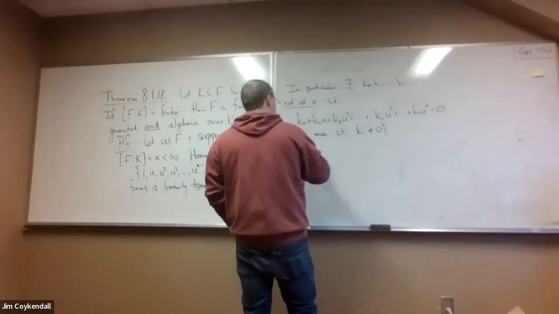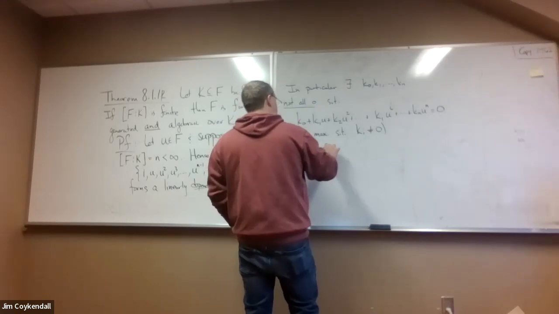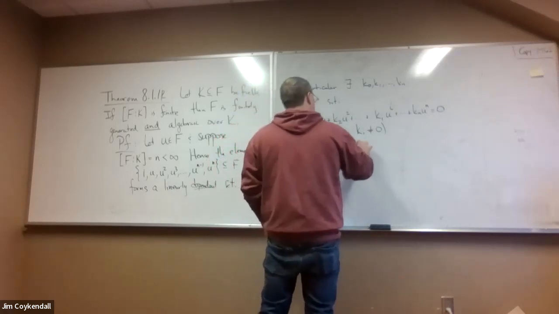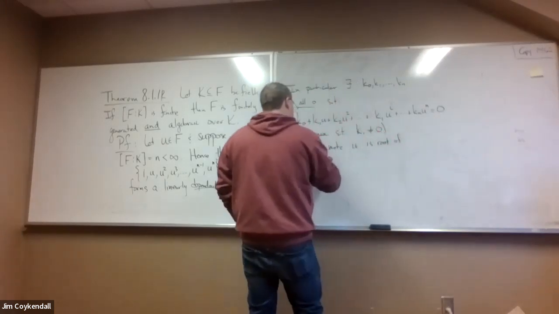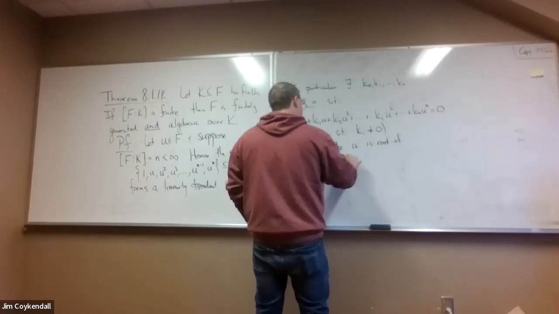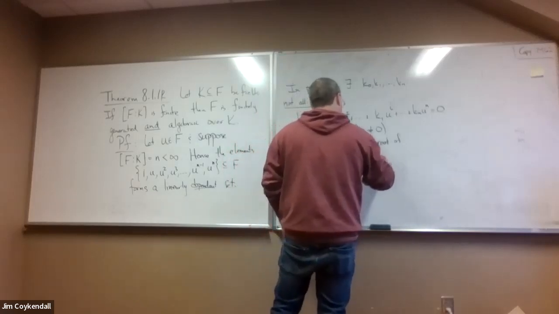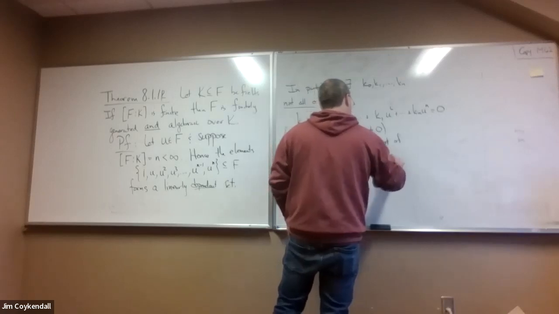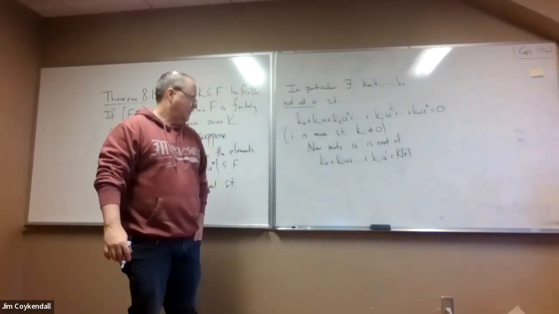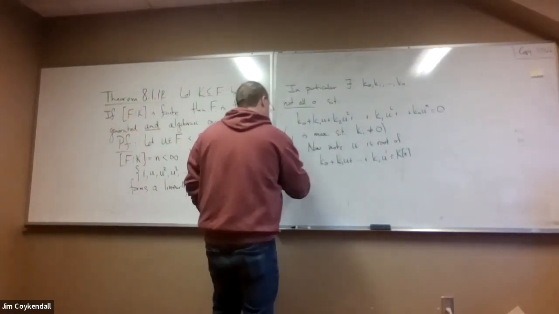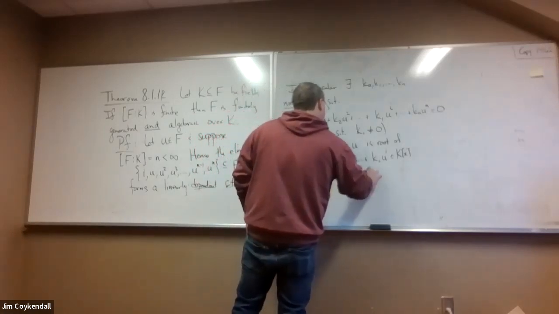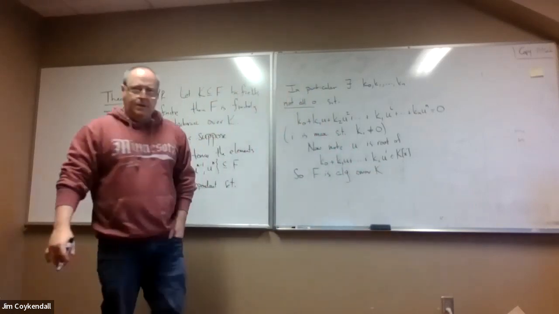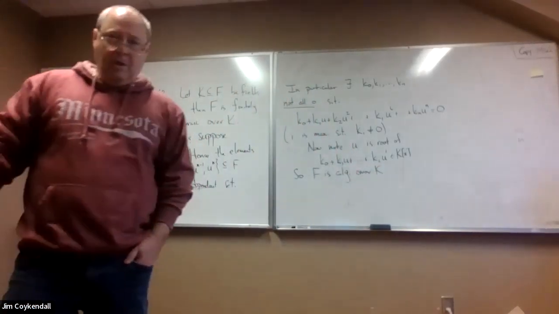So note that u is a root of k0 plus k1 u plus up to k_i u to the i. So in particular, F is algebraic over K, because an arbitrary element has been shown to be the root of a polynomial with coefficients in K.